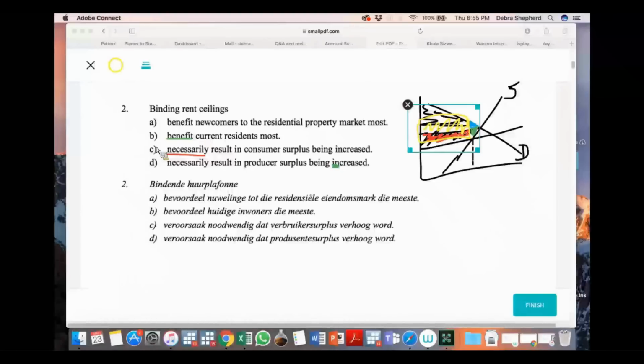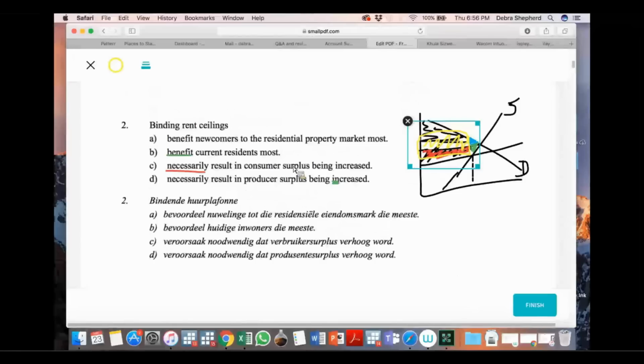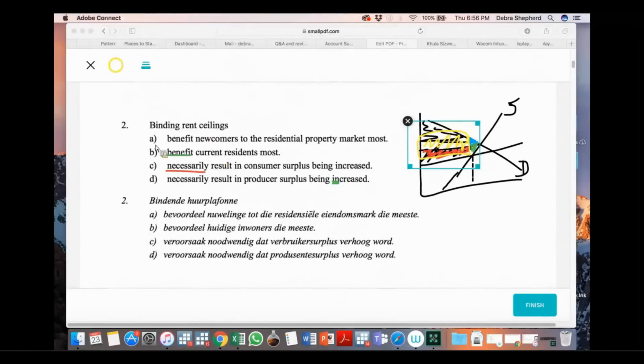Without consumer search activity, then consumer surplus could have gone up or it could have gone down. It just depends on whether or not price going down has a greater effect on consumer surplus than quantity going down. Okay, so the answer to this question is B.